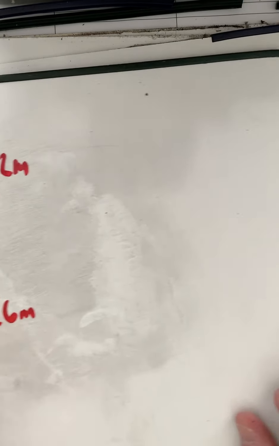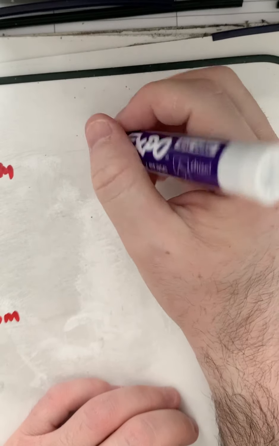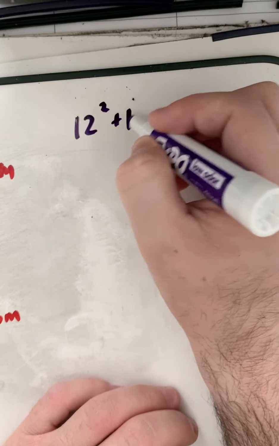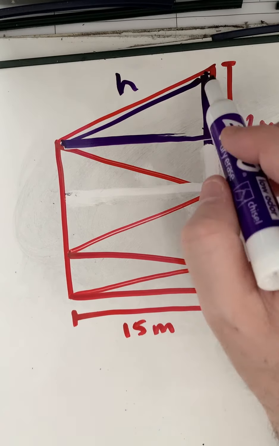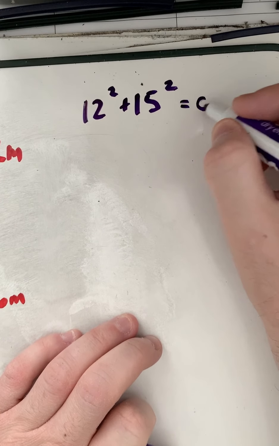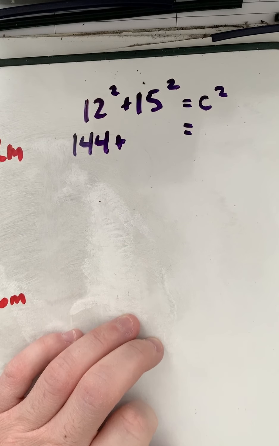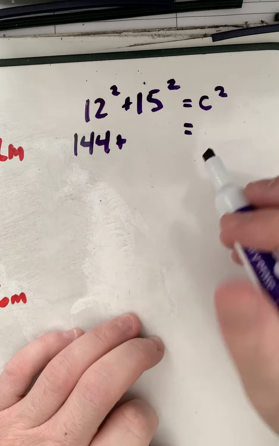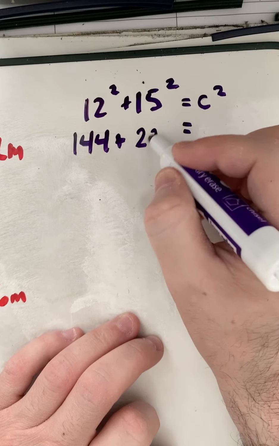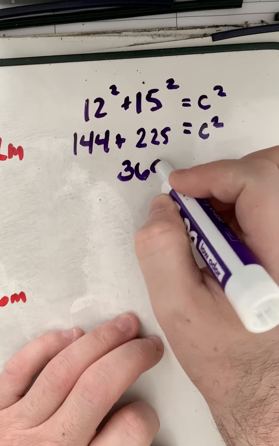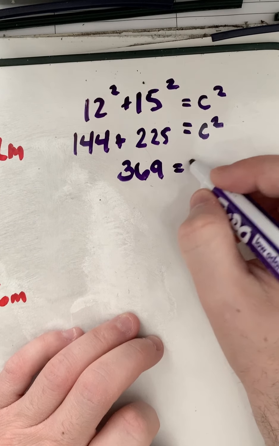So for the 12-meter ramps, we're going to plug it in. We need to know the hypotenuse. So we're just going to plug in the numbers: 12 squared plus 15 squared, because again, 12 is the height, 15 is across, equals c squared. 12 squared is 144, and 15 squared is 225, and that gives us 369 equals c squared.